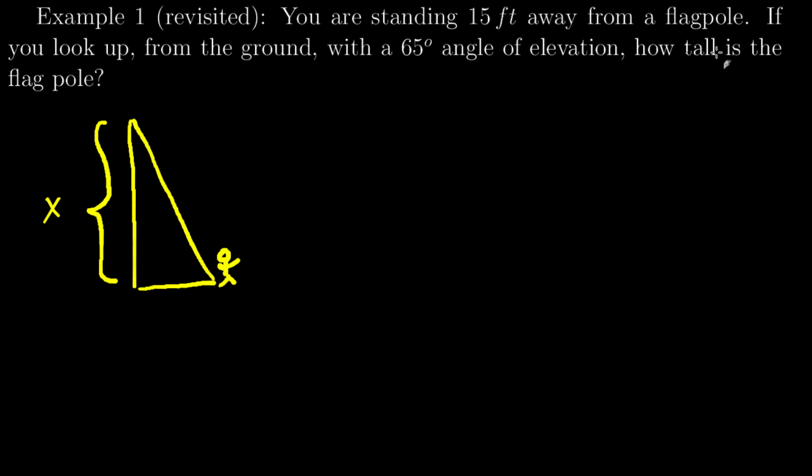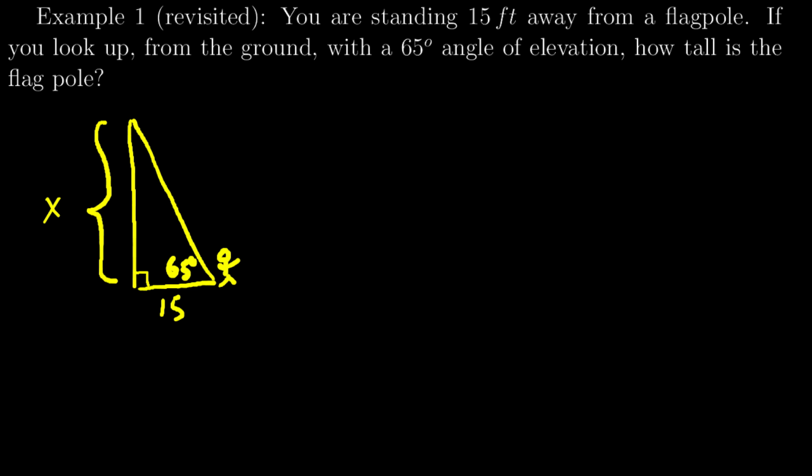Okay, I want to know how tall it is, so there's my x. I'm going to assume that the flagpole is perpendicular to the ground. Again, not always a great assumption, but one we will make for our class. I'm 15 feet away from the flagpole. The flagpole is here, I'm here, here's the 15. And I know that I have a 65-degree angle of elevation. Again, the angle of elevation will always be from the horizontal, so I'll put a 65-degree angle right here.